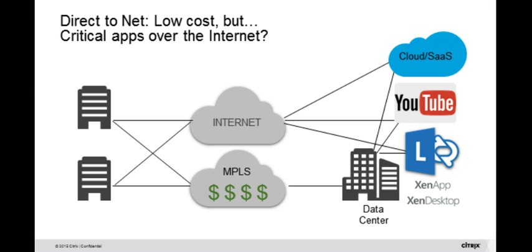And some enterprises have attempted to address this by building a separate internet access-based WAN that runs adjacent to their MPLS connections. The problem with this is critical apps running over the internet oftentimes suffer from the vagaries of congestion and latency that can crop up.